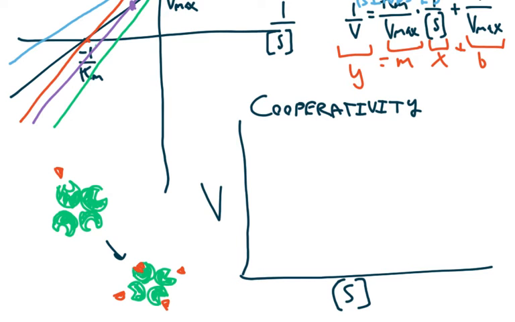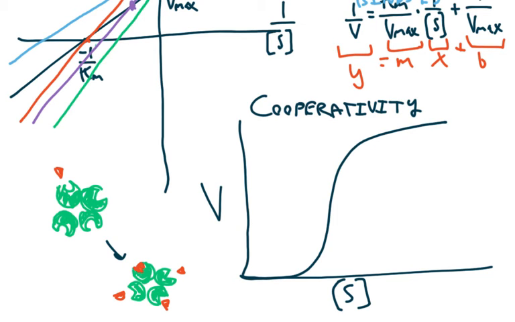This creates a shape called sigmoidal or logistic. The reason that it's called sigmoidal is because it looks like an S, and the reason that it also may be called logistic is because it's logarithmic in its function. But if you see this type of S-curve, you know that your enzyme is cooperative.